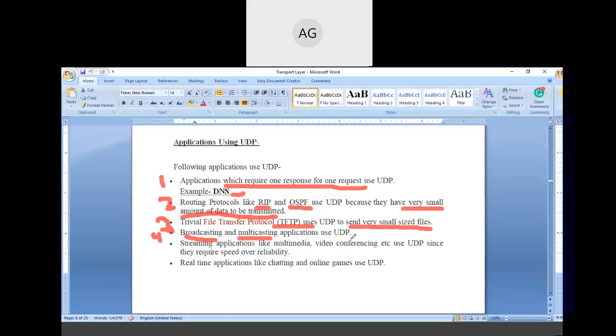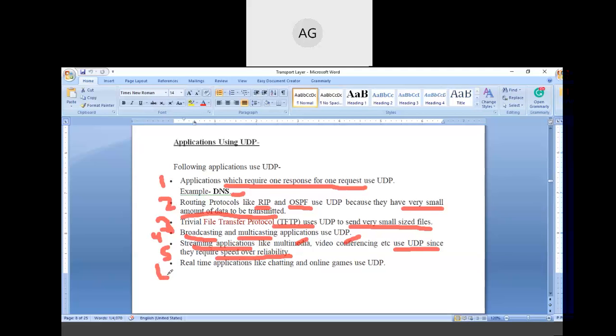We already discussed unicasting, broadcasting, and multicasting in unit 2. The fifth application is streaming applications like multimedia and video conferencing, which use UDP since they require speed over reliability, because in those applications speed matters but not reliability.